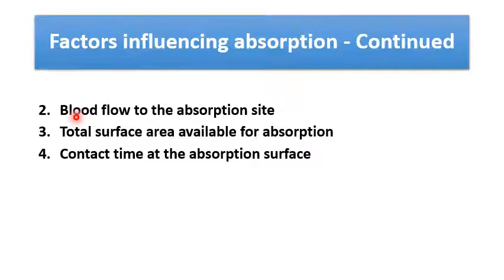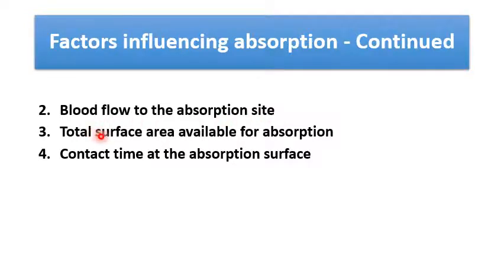Once the drug is absorbed from the lumen to the blood side, blood flow will maintain the concentration difference between these two sides, as blood will act as a carrier for the transport of a drug to different parts of the system, and this will maintain the concentration difference.